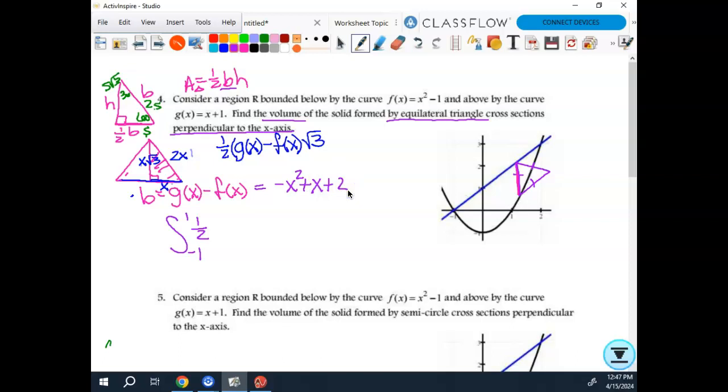So I have 1/2 times the base, times the height, and this is your height right here, times 1/2 times this again, times the square root of 3, dx. What did I do, negative 1 to 2? Because I looked over here and I saw 1. It's these numbers, sorry.